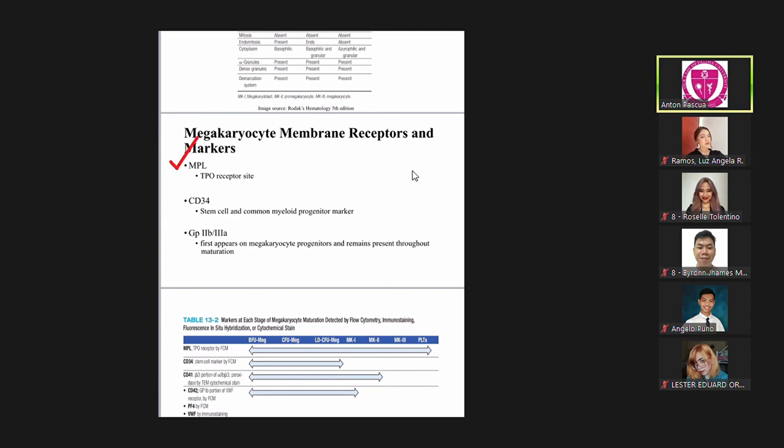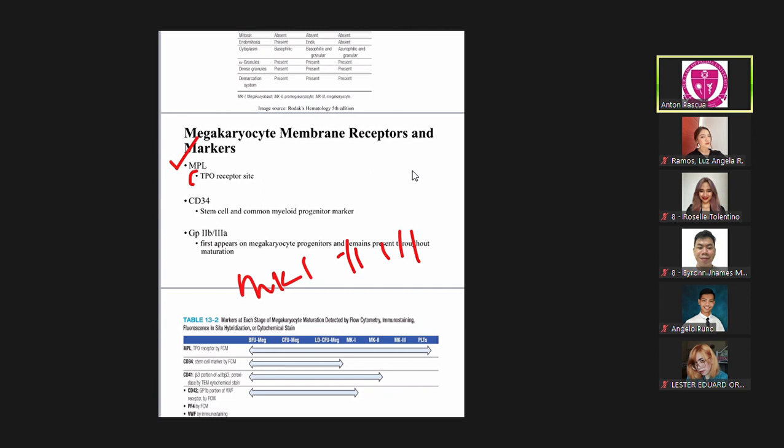Okay? So for example, when you have your megakaryocyte, you will have a marker called MPL. Okay? And that MPL serves as the receptor site for TPO or thrombopoietin. Kasi pag dumikit si thrombopoietin on our megakaryocyte, it will further enhance the release of your platelets. Okay? Actually, si MK1, 2, at 3, meron niyang MPL na yan.